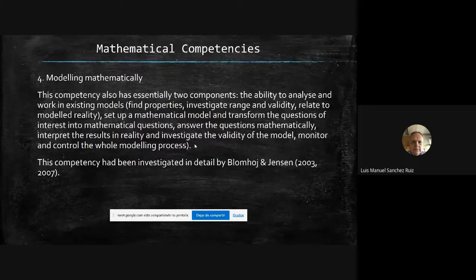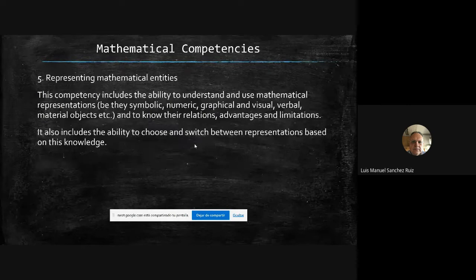And this competency has been investigated in the past also by Blomhøj and Jensen. As I told you, there is an advantage to rely on the shoulders of giants that have been working previously.